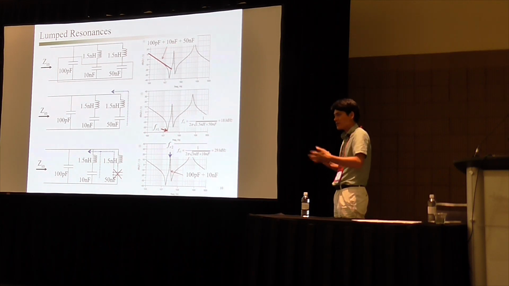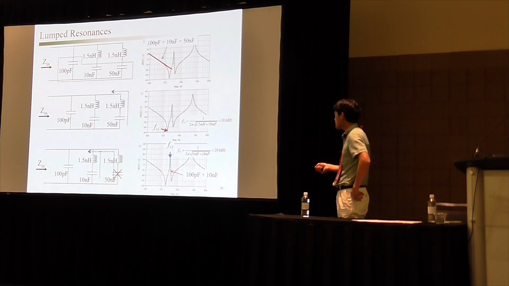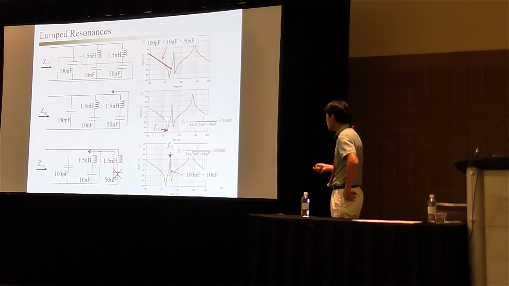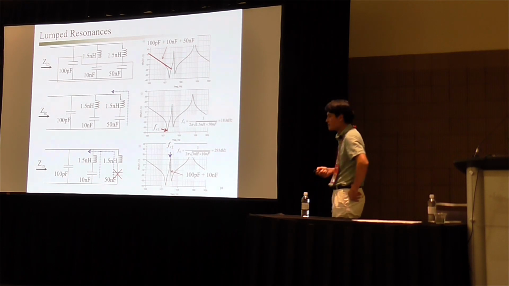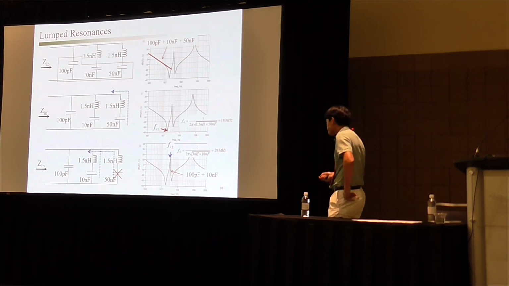So we don't need to consider this capacitor in the PDN anymore, and we can eliminate it. After this series resonance, we have a parallel resonance, which is formed by these two inductances and this capacitance. And after that, this is also a capacitive curve.